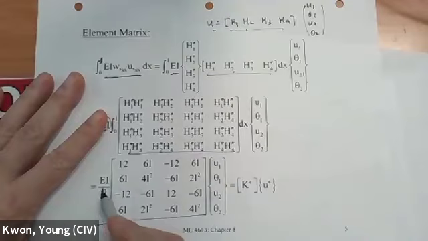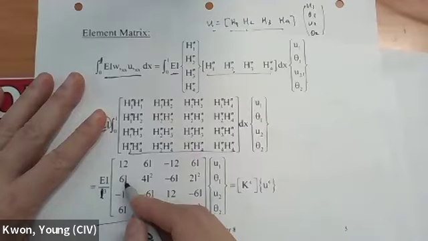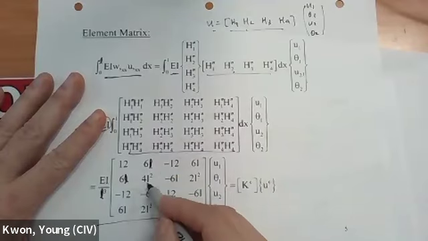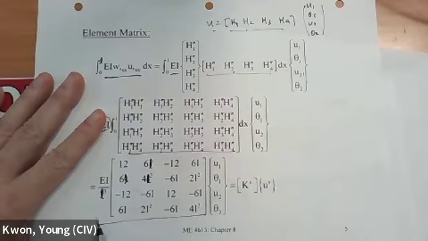So this is again lowercase l, not L. Okay, L squared. So this is element matrix for beam bending.